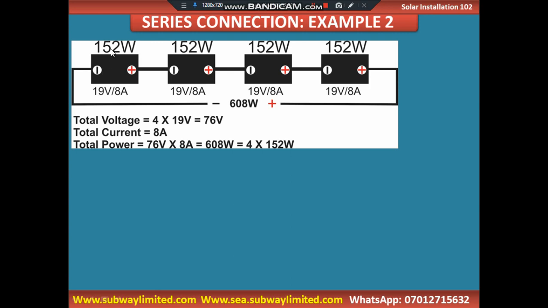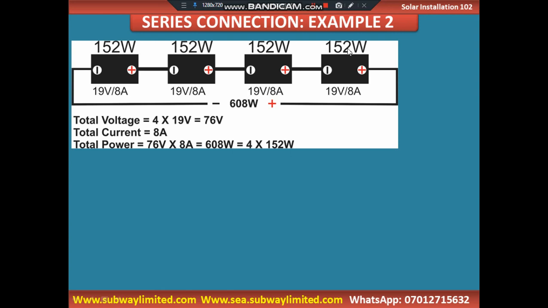Each is 152 watts. The total voltage in series will give you 76 volts and the total current remains constant. If you multiply voltage times current, that will give you power. That will be 608 watts.